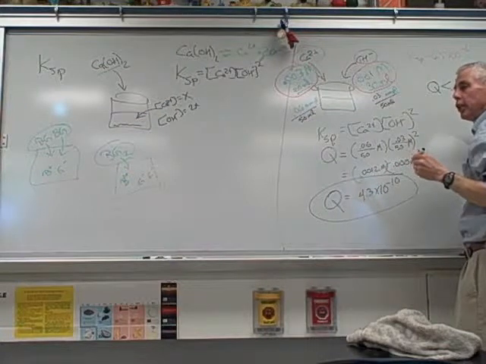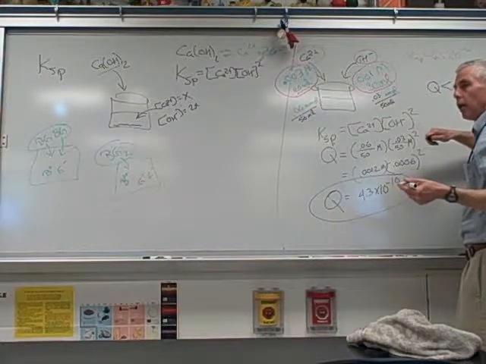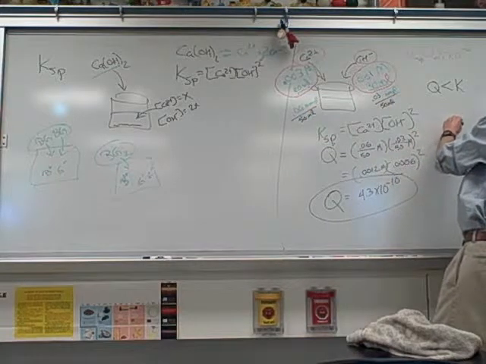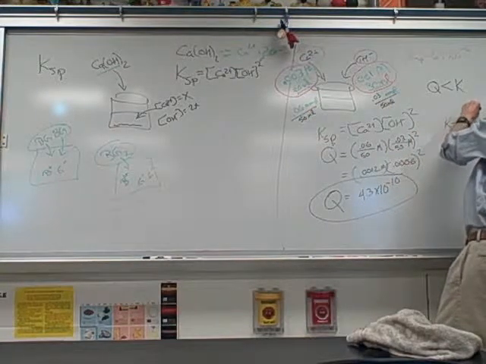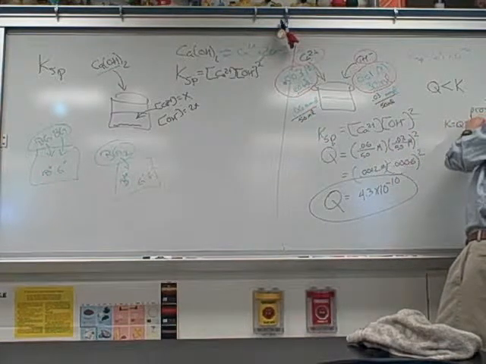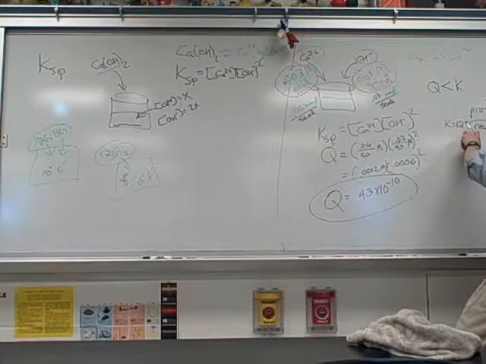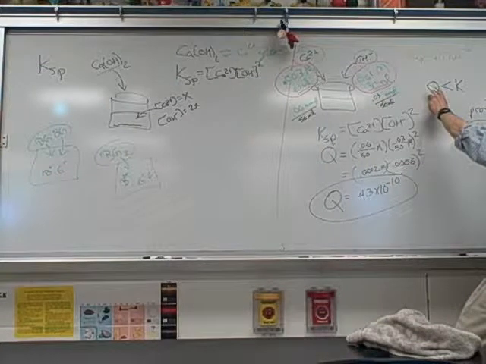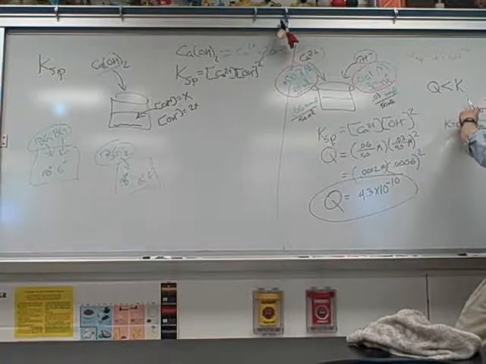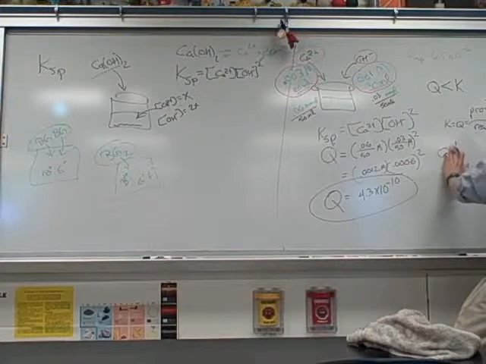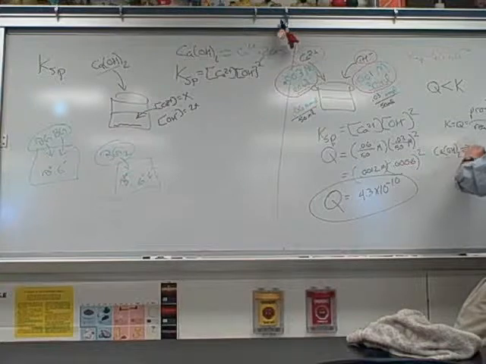Therefore, we're going to shift which way? Toward the products, because K and Q are both products over reactants. So if Q is too small, we don't have enough product. According to the way we write the equation, the products are the ions.